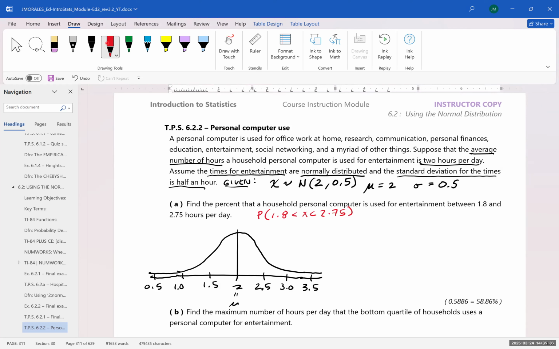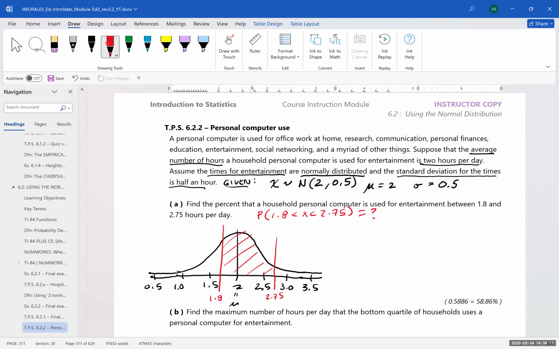All right, so 2.75 is right here between 2.5 and 3, and 1.8 is right here between 1.5 and 2. And so what we're looking for is this area in between those two.